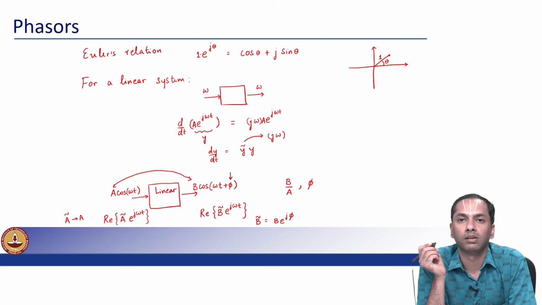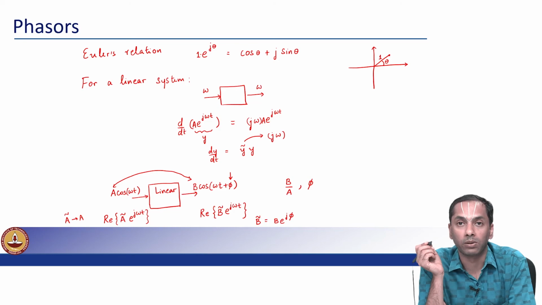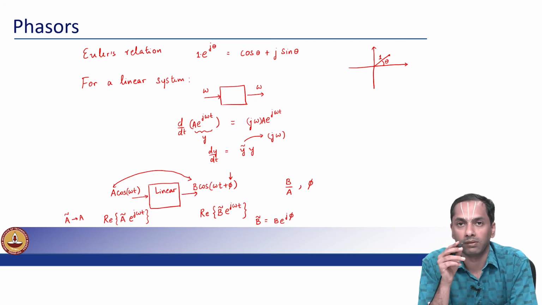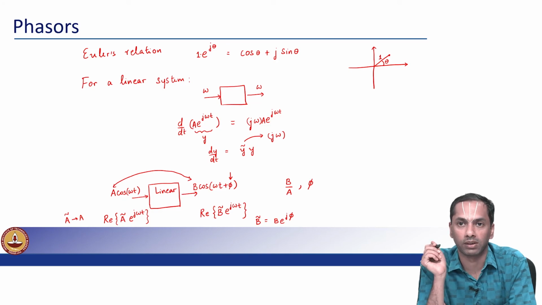Okay. So, you can substitute for b tilde as b e to the j phi, and you will notice that e to the j omega t multiplied with e to the j phi can be added up to get a single argument omega t plus phi, and if you take the real part of that, you will get the output that I have shown.